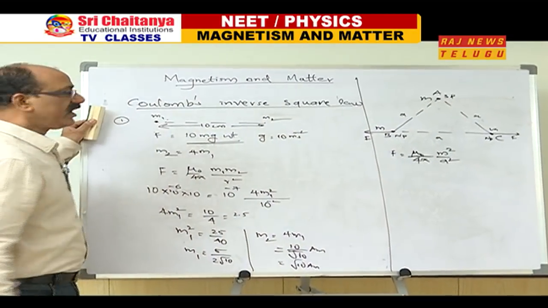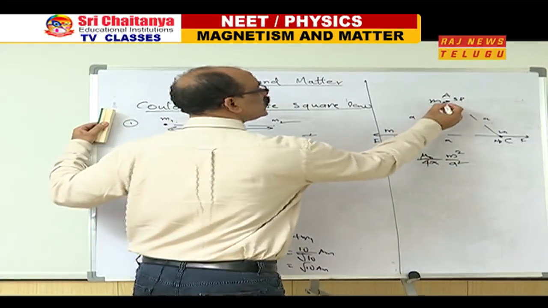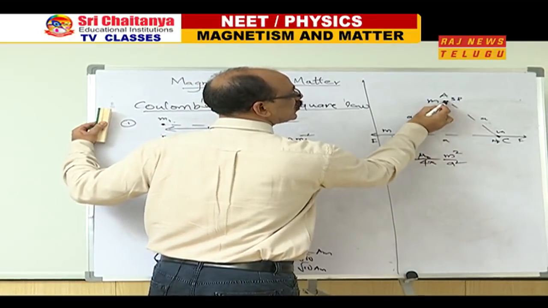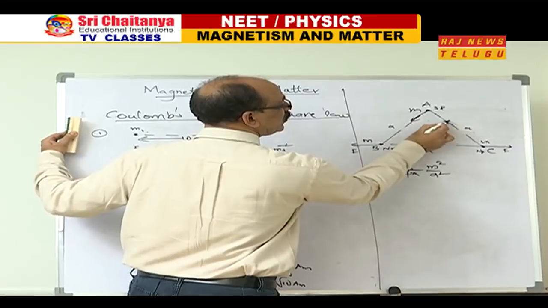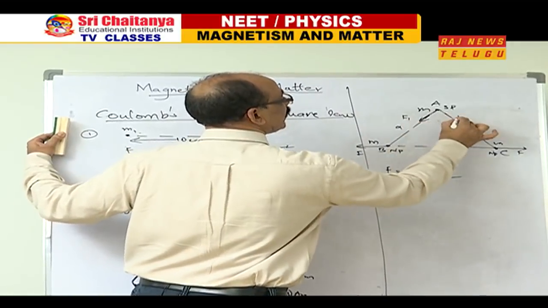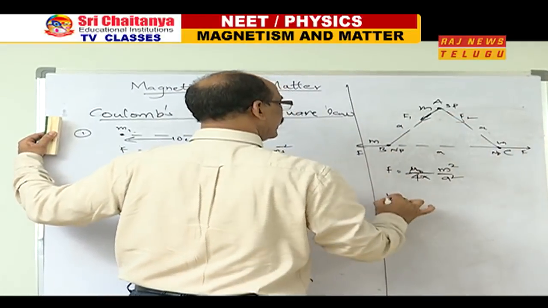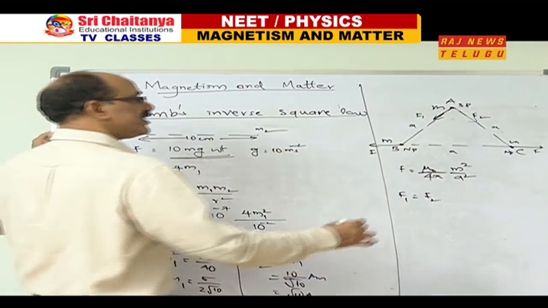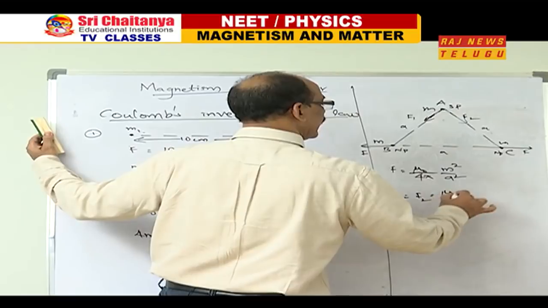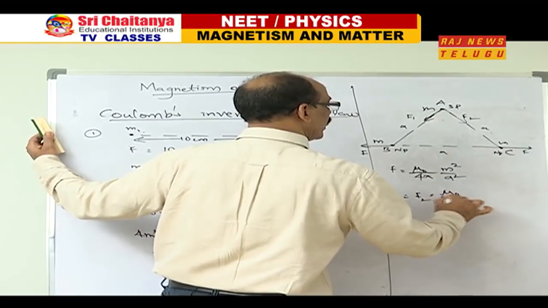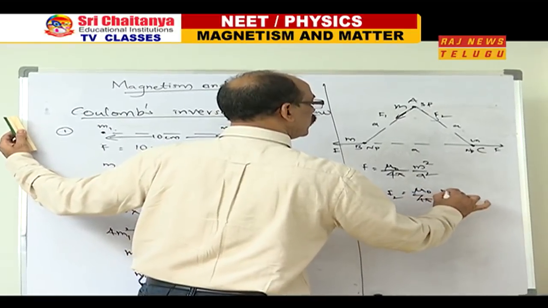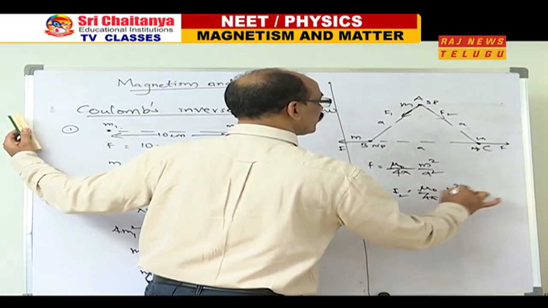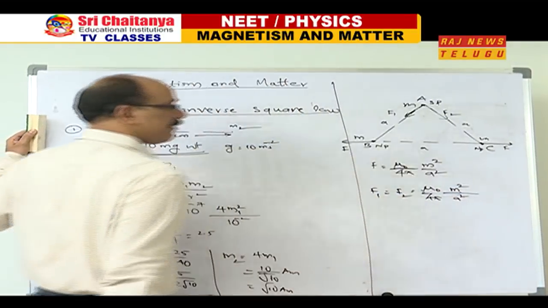That is the question. We know that this south pole is attracted by this north pole. This south pole is also attracted by the other north pole. So if I call them F1 and F2, these F1 and F2 are of equal magnitude, which can be given by again the expression mu naught by 4 pi, and the pole strengths are same, hence M times M is M square over a square.